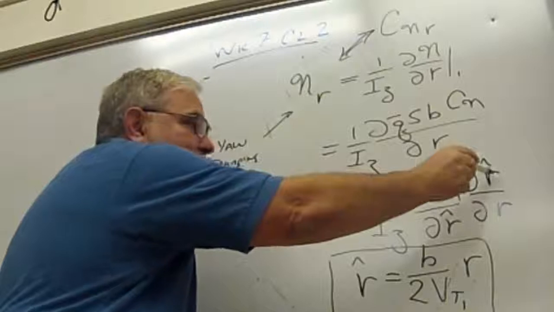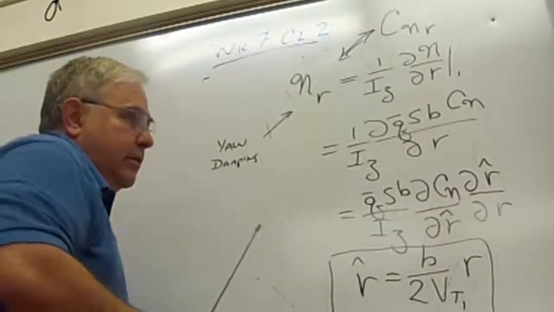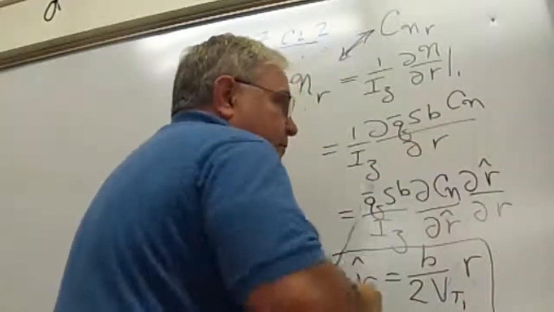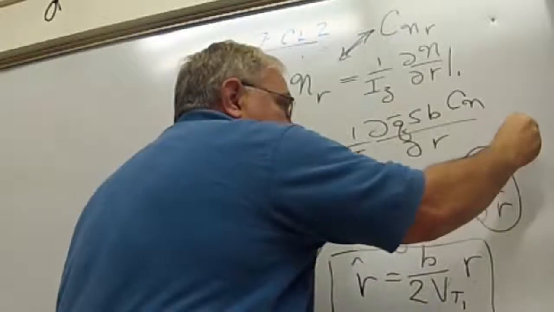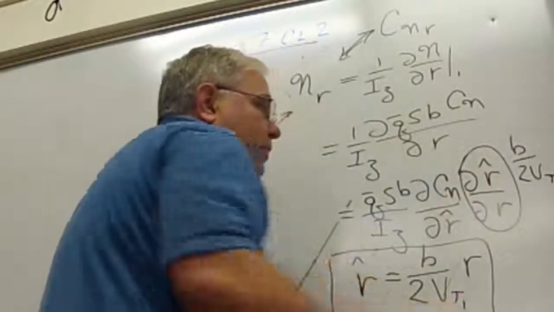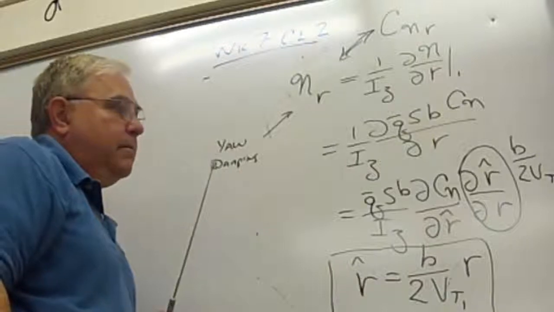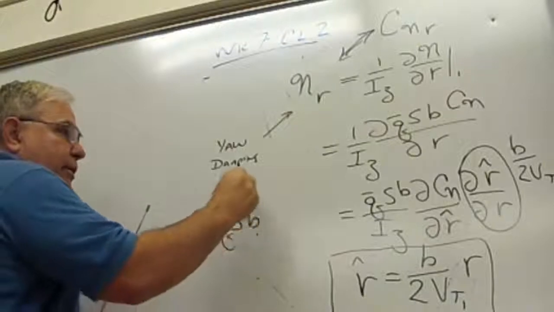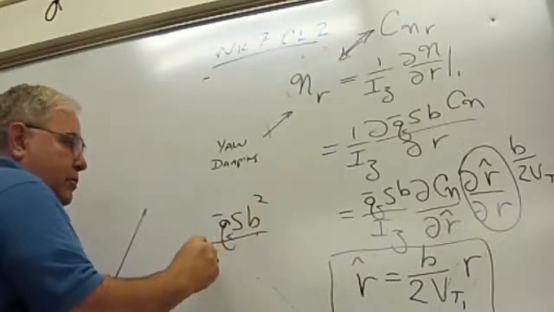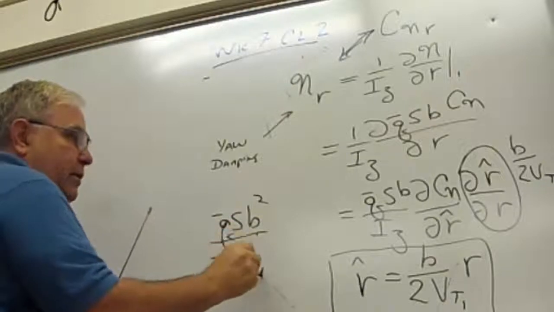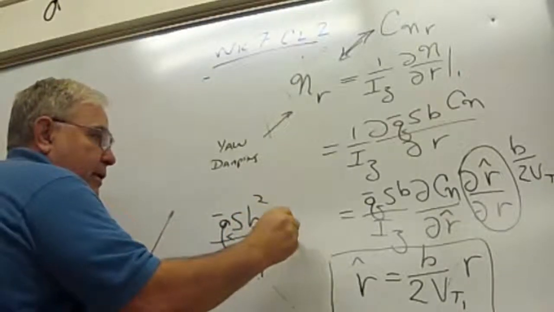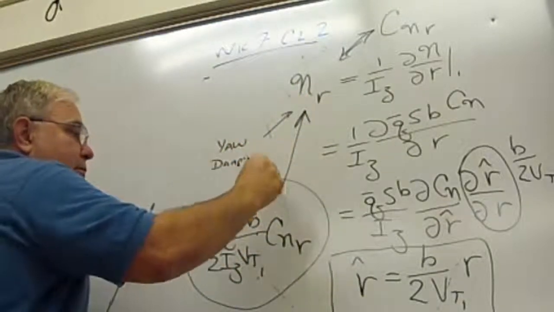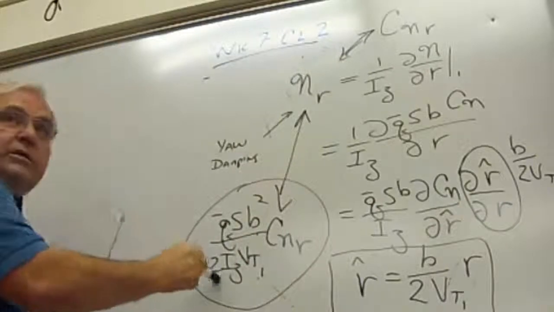So I can replace my partial R hat over partial R with B over 2 U1. So the end result will turn out to be Q bar S B squared over 2 IZ U1 times CNR. That's how you relate the dimensional derivative to the dimensionless coefficient through this.